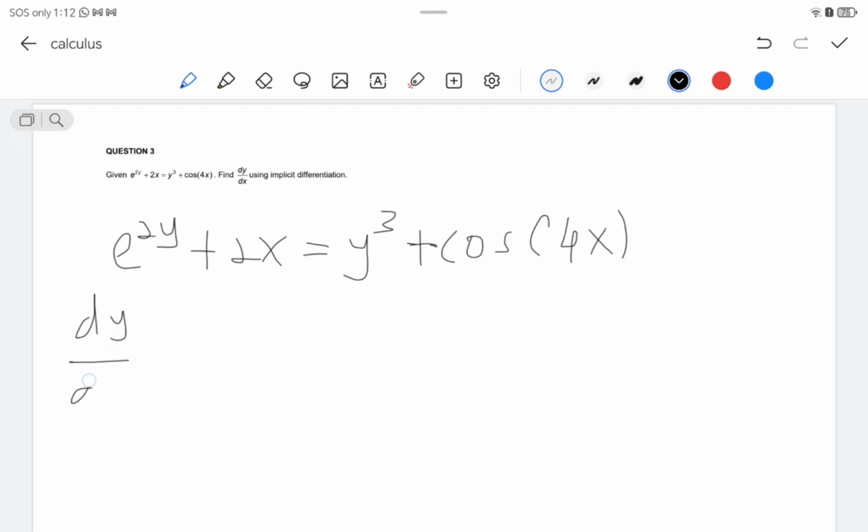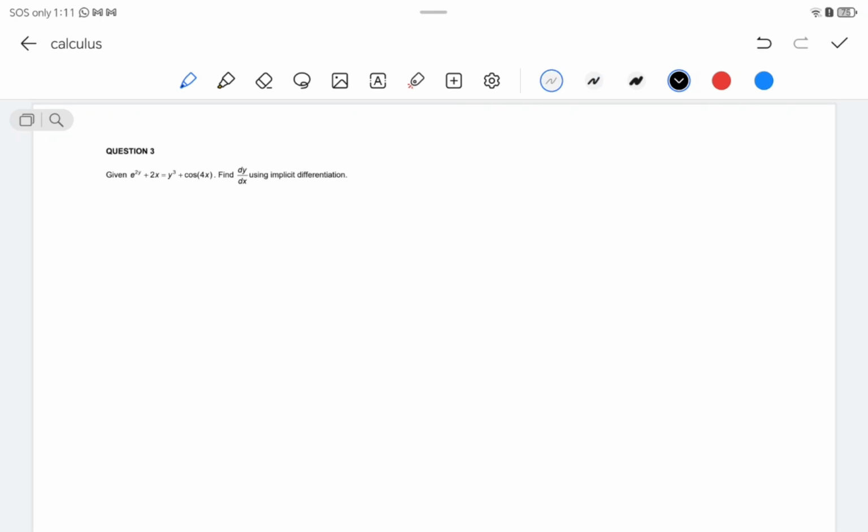Let's derive all that in the equation. It becomes 2 times e to the power of 2y dy/dx plus 2 equals 3 times y to the power of 2 dy/dx minus 4 times sine 4x.